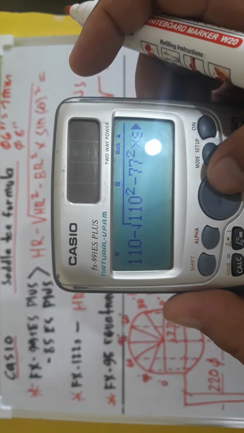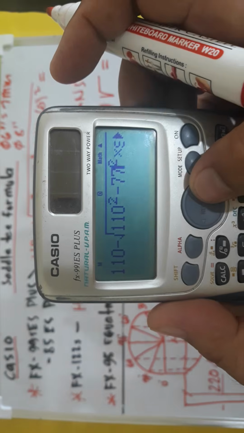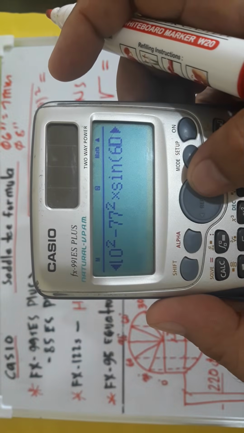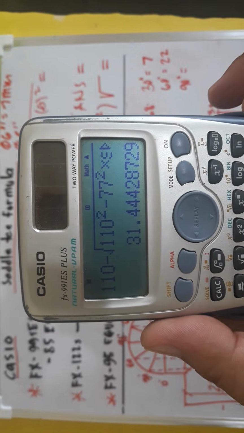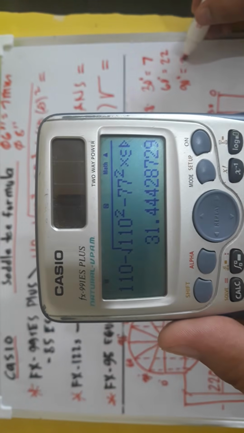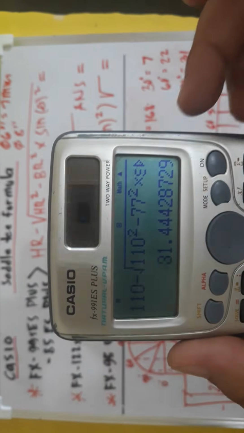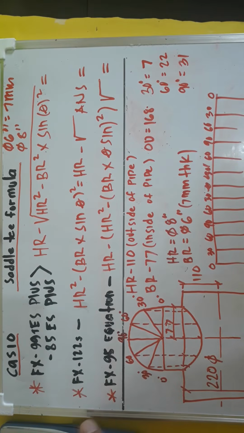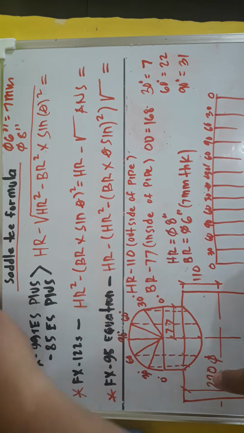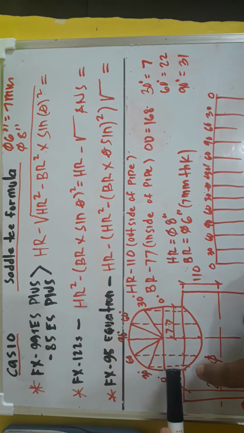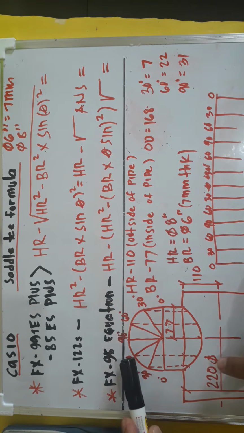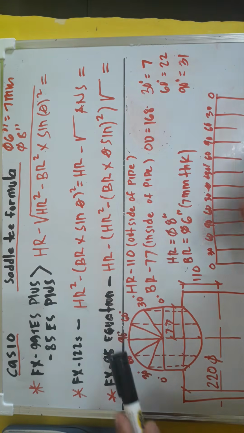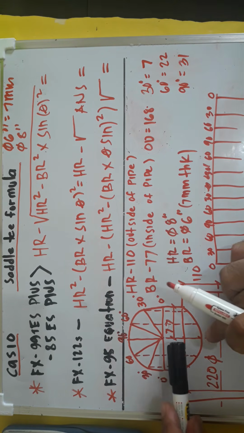And the next, the 90, and the answer is 31. So now we already have the answers. For this distance here, we have a 7, and for the 60 degrees we have 22, and for 90 we have 31.